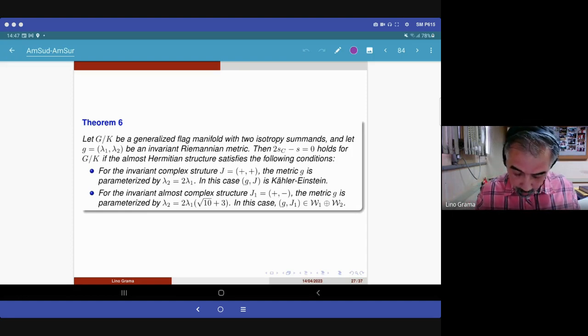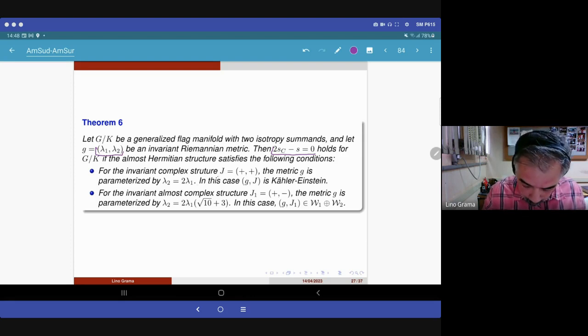If we start with a flag manifold with two isotropy components, denote the invariant metric by this pair of two positive numbers. And if we force the equation that the Chern scalar curvature is equal to the Riemannian scalar curvature, then we have the following condition.